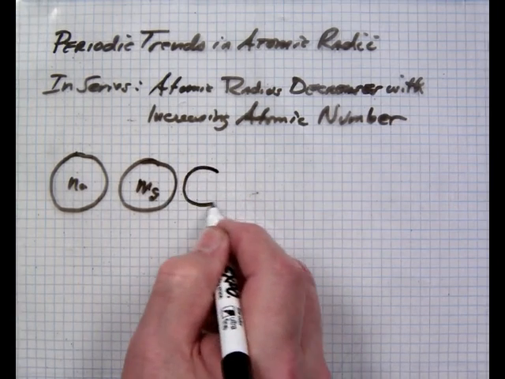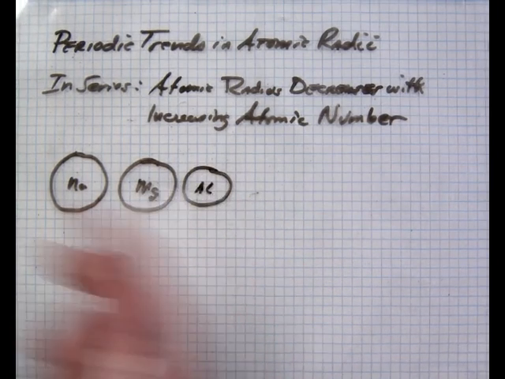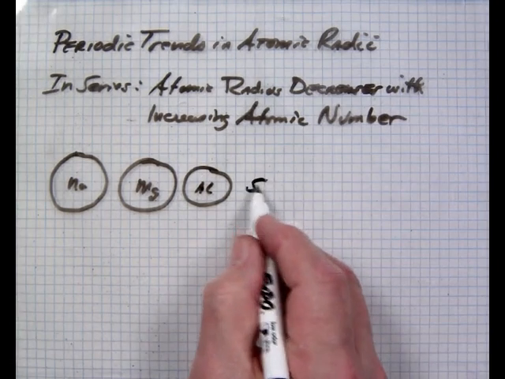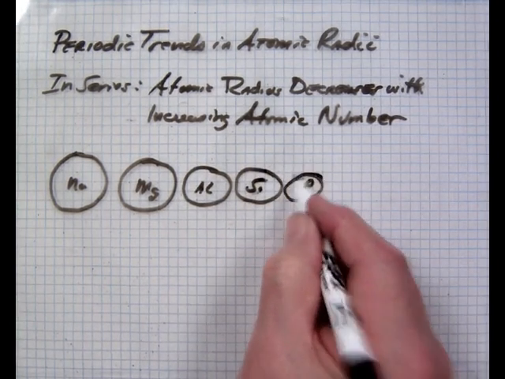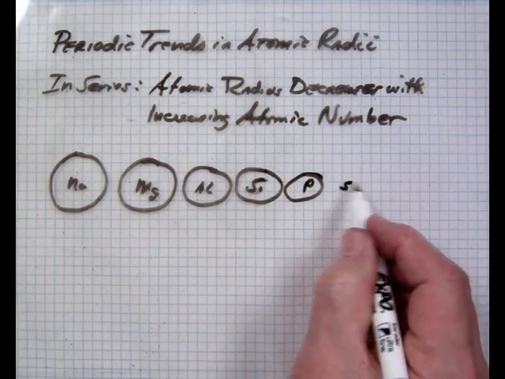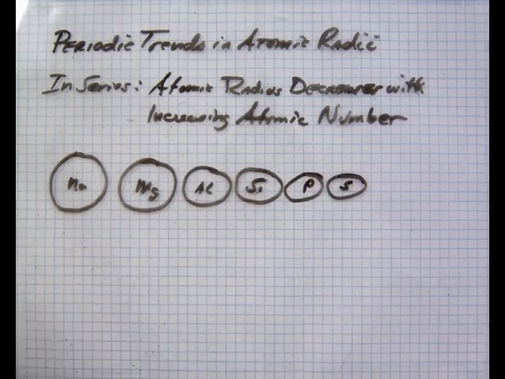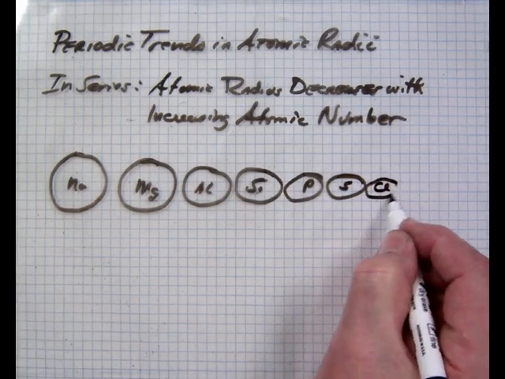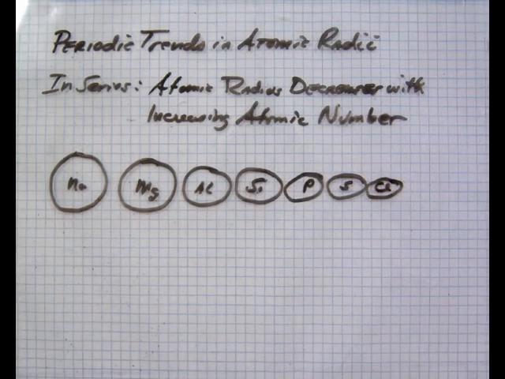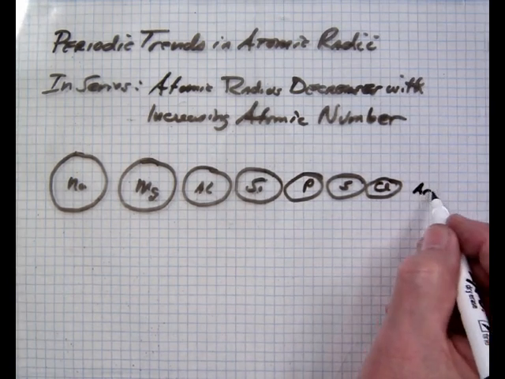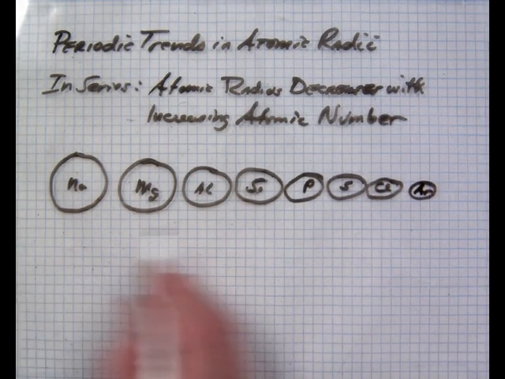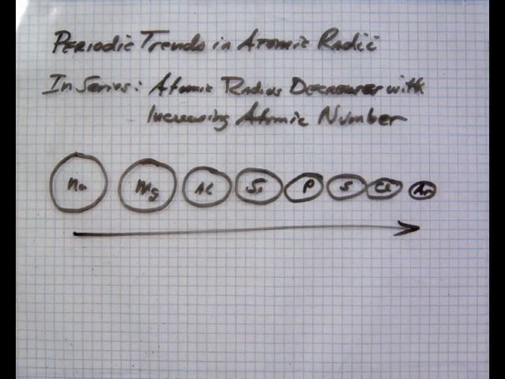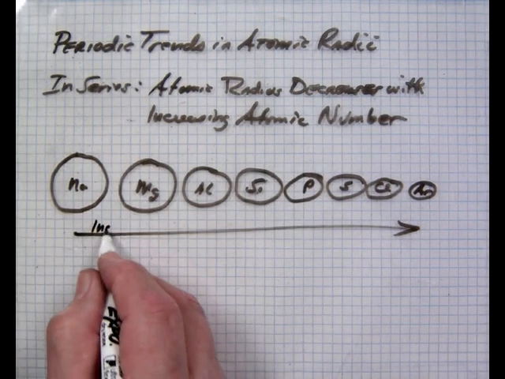Go into aluminum, silicon, phosphorus, smaller, sulfur, smaller, chlorine, smaller, and the smallest one in the atomic row would be argon, like that. Now the reason for the trend is as you move left to right in this series, you are increasing atomic number.